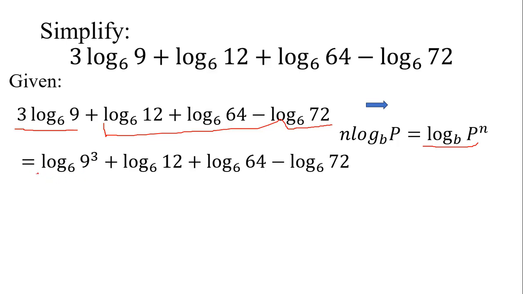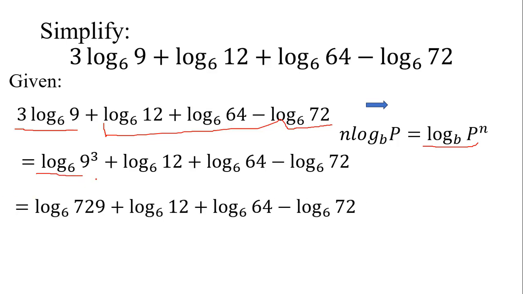If I simplify this particular one further, I'm going to have the logarithm of 729 to base 6 plus logarithm of 12 to base 6 plus logarithm of 64 to base 6 minus logarithm of 72 to base 6. Now at this junction I can use a calculator to simplify this better.